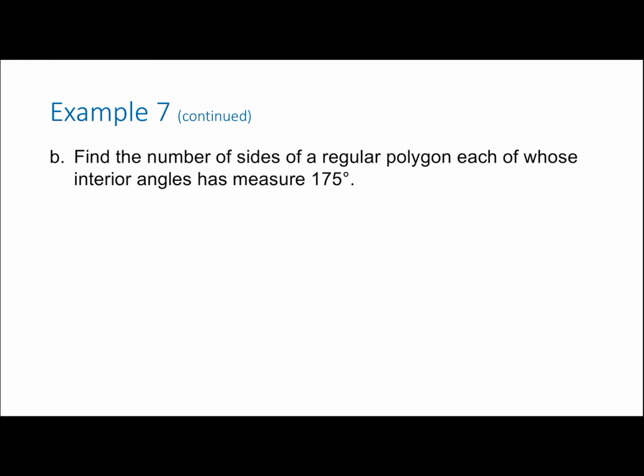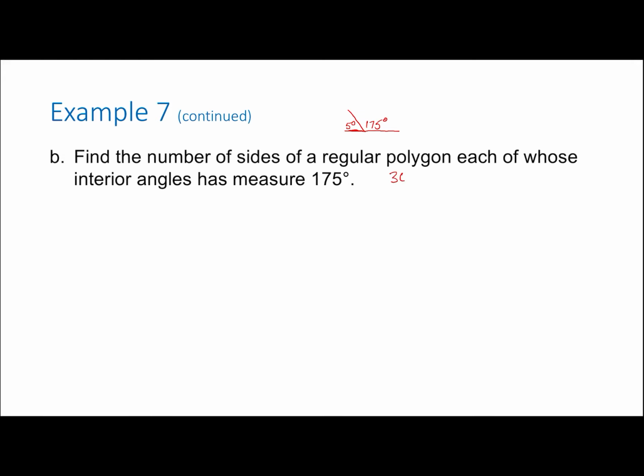We don't know how many sides. That's what we're trying to find. So how can we go about finding this angle measurement? Well, if we know that this angle inside the polygon is 175 degrees, then we also know that its exterior angle must be 5 degrees.